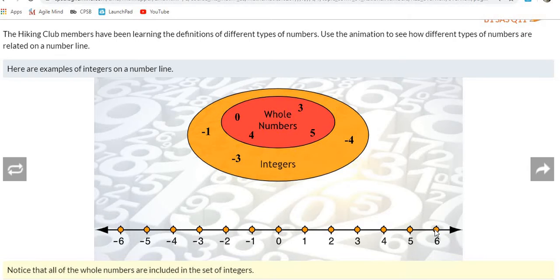That's why these change colors. Integers can be any negative form. It also can be whole numbers. So anything inside this orange circle is considered an integer. So whole numbers are integers. Are all integers whole numbers? No, because negative numbers don't fall into this category.